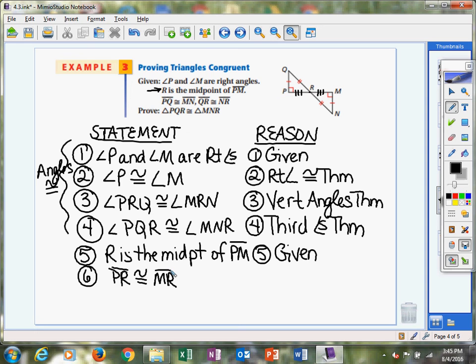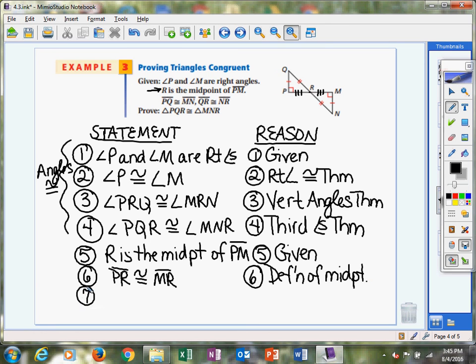Yeah, this is the definition of a midpoint. A midpoint is going to split any segment into 2 equal pieces, making those pieces congruent. So you just proved in 2 steps the missing sides that we were needing.